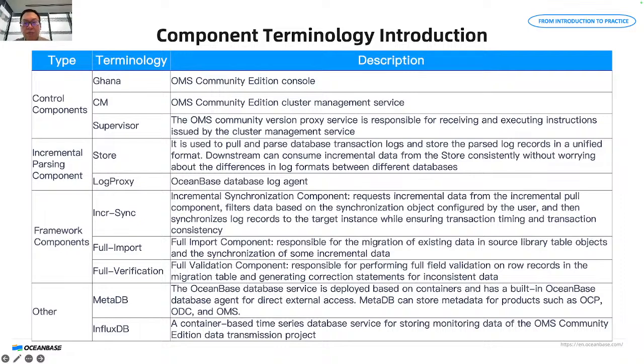Downstream can consume incremental data from the store consistently without worrying about the difference in log formats between different databases. Because store is compatible with the log formats of databases such as MySQL and PGSQL, we can directly pull their incremental data and save it locally. Log parsing is OceanBase's log agent.